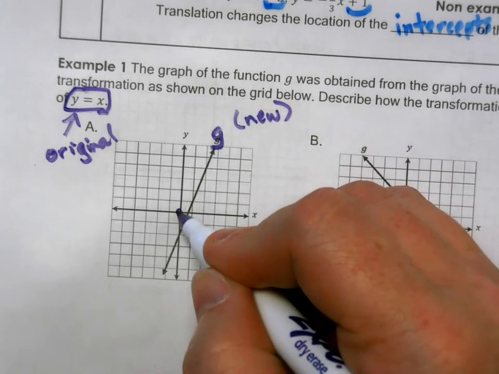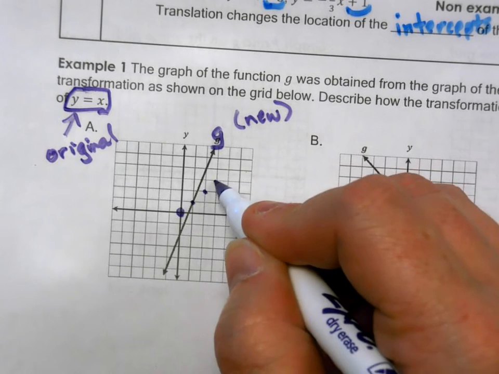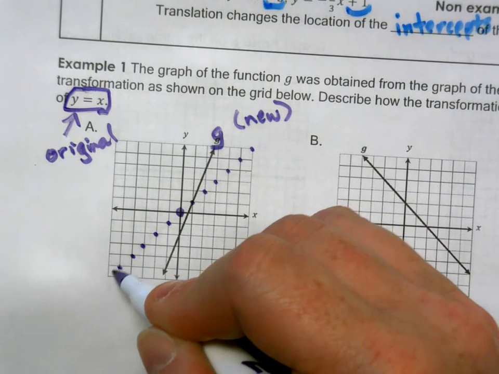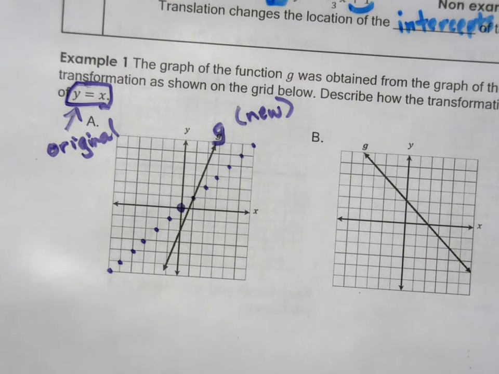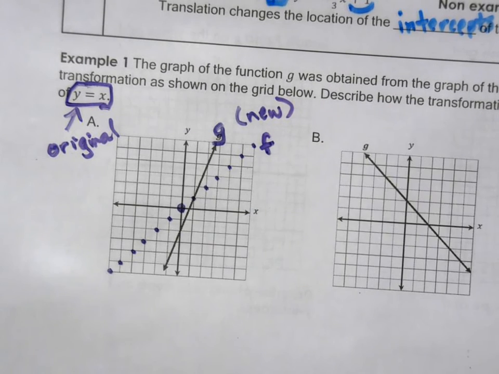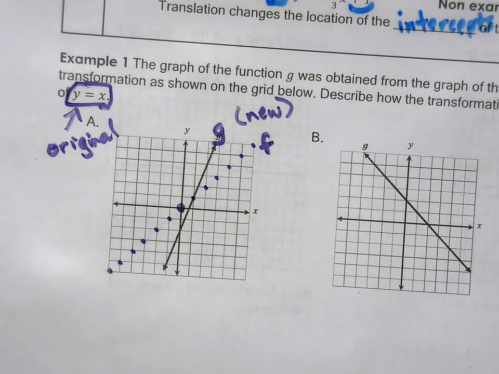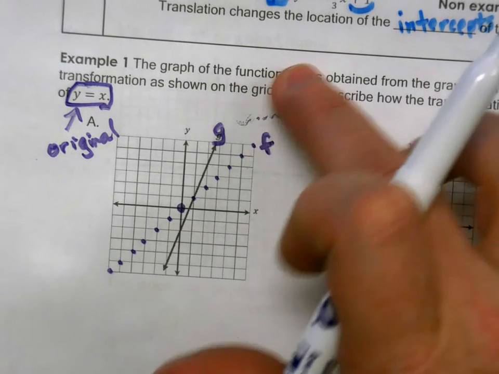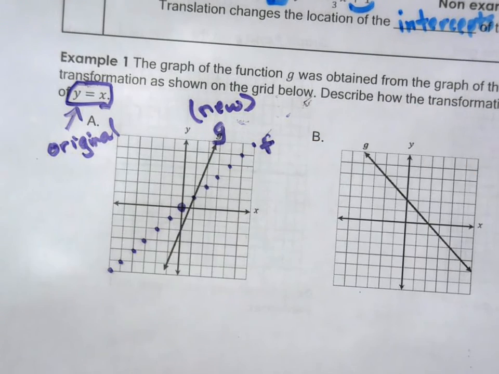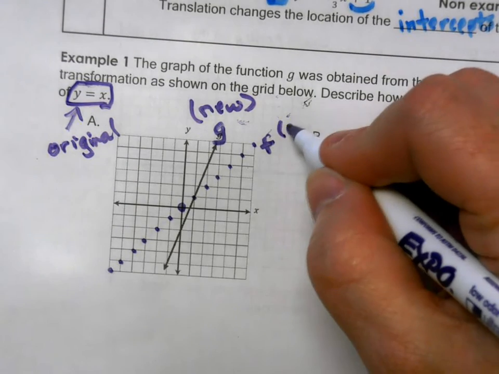My original starts at the origin and has a slope of 1. So it's going to go through the graph like that. I'm not going to make it a line because I just need to be able to see what's going on. That's f, the f of x line. I'm going to rewrite the new one over here so it's clear that it's talking about g, and f is the old.